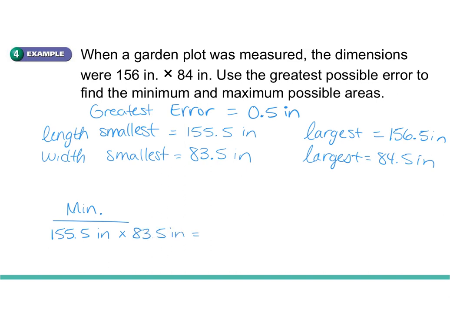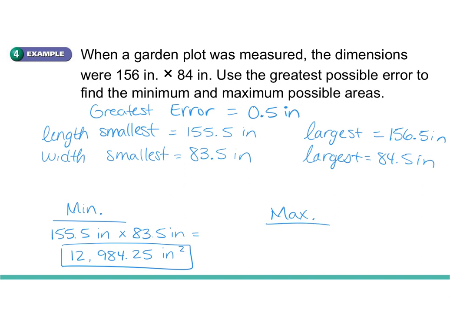So we're finding our area, we would multiply together and get 12,984.25. And it's in inches. I multiplied inch times inch, so I get inch squared. So that's my minimum. I need to find my maximum by doing the same thing with my largest.